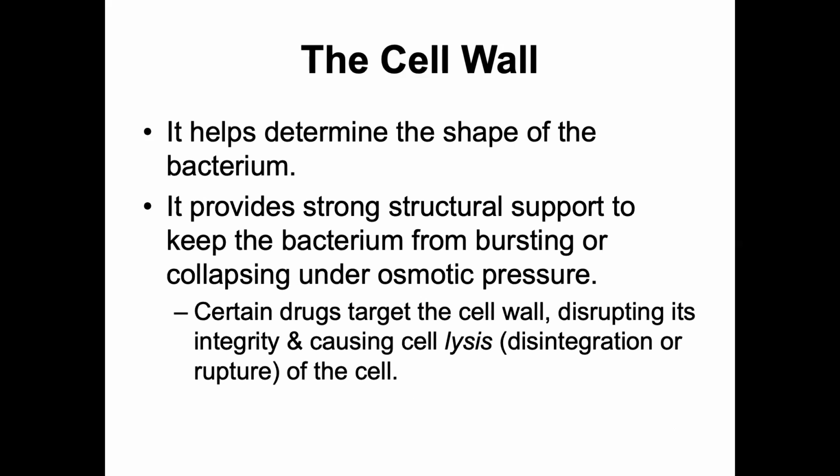Now what does that mean? Well, remember that when a cell enters an environment where the concentration of water is greater outside the cell than inside the cell, then one of the things that can happen is that the water can run into the cell and the cell can burst, right?